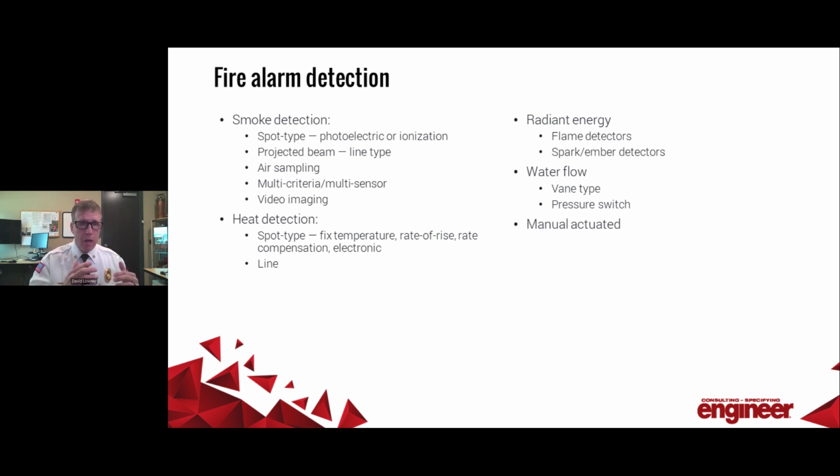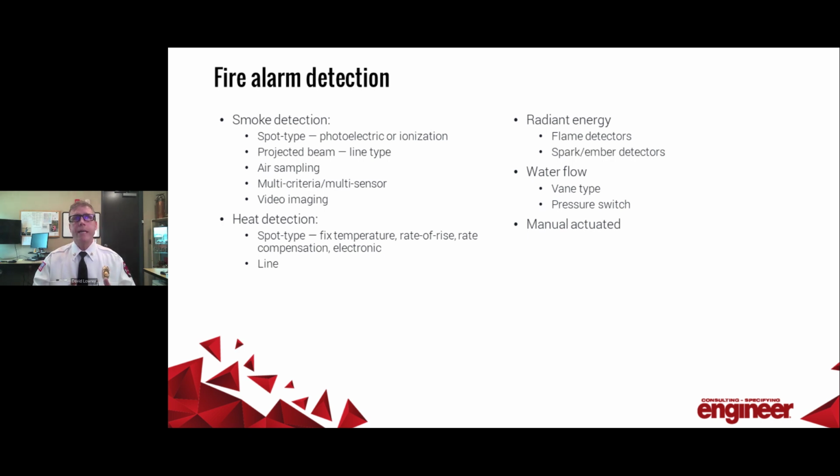Well, we know we have smoke detection. We also have heat detectors. And then we also have radiant energy sensing detectors. And I'm going to stop right there for just a minute and point out that all 3 of those detection devices are really detecting what we refer to as a signature of the fire, right?